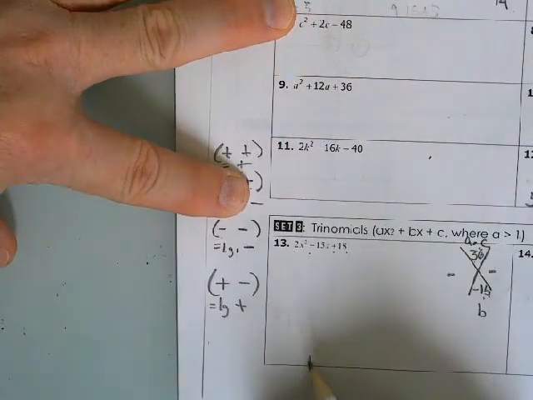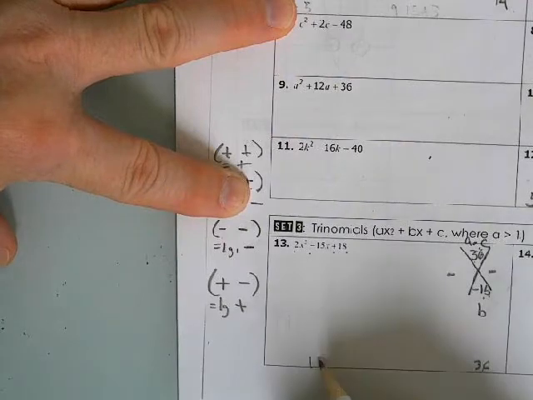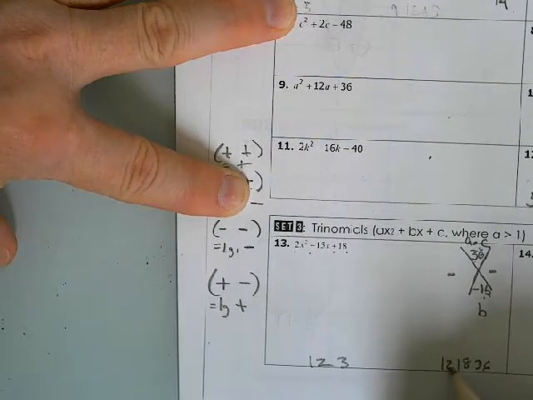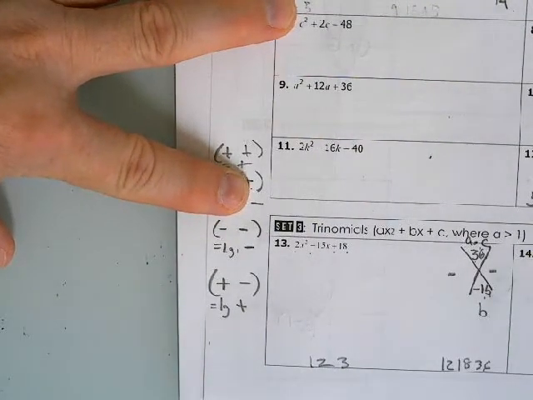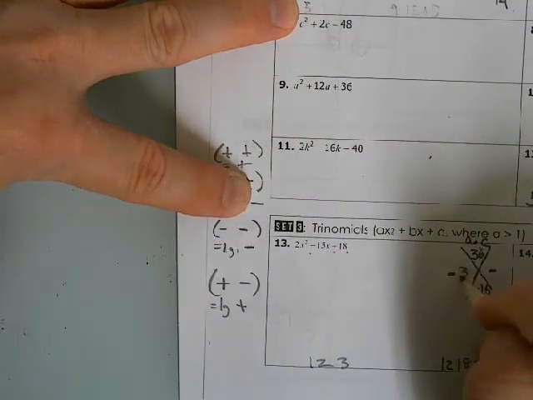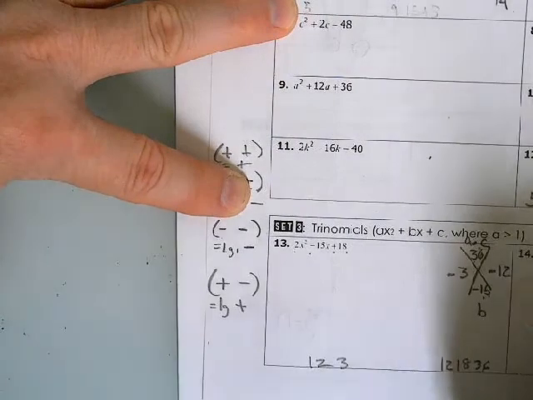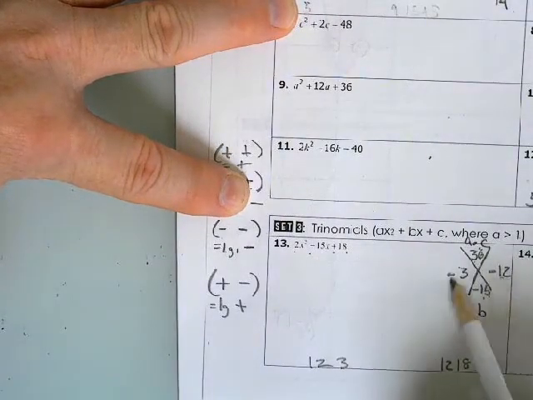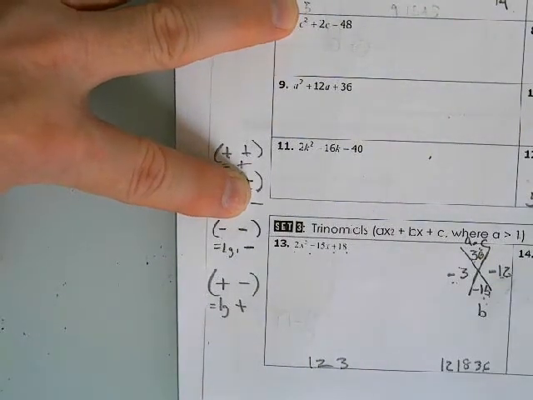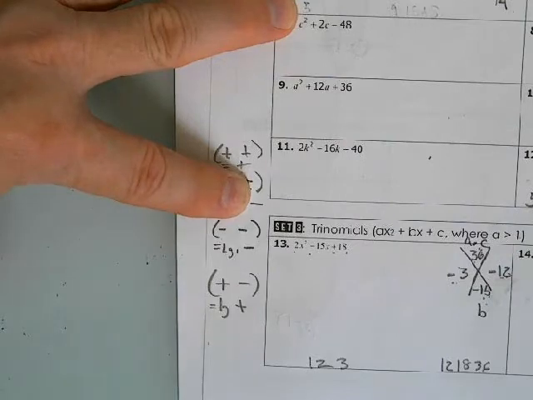Let's think. 1, 36, 2, 18, 3, and 12. Does anybody see it yet? 3 and 12, right? So if this were negative 3 and negative 12, those would multiply to be equal to 36 and add up to be 15. There's one more step, okay?